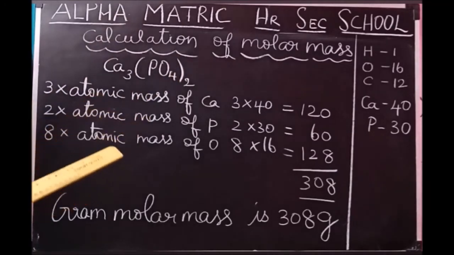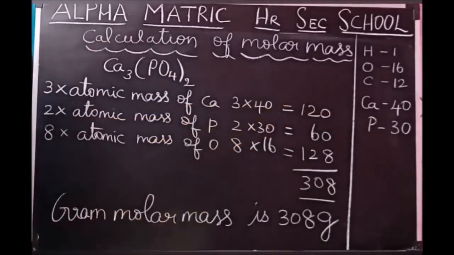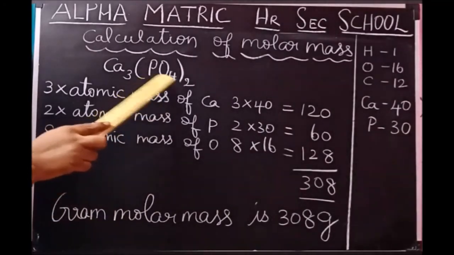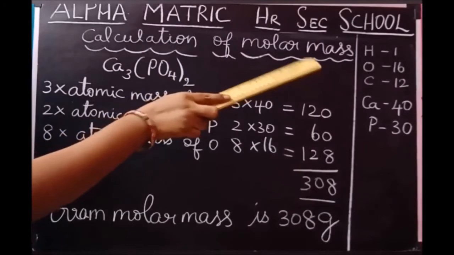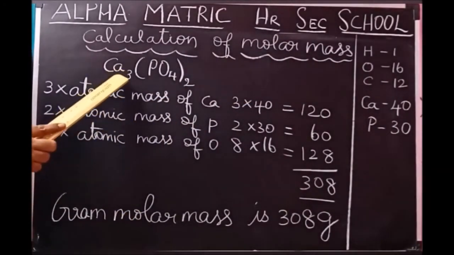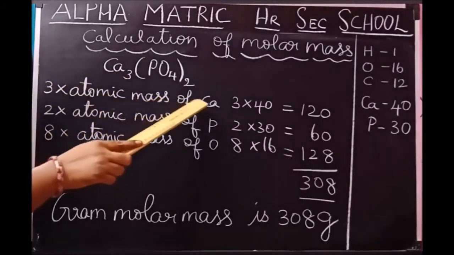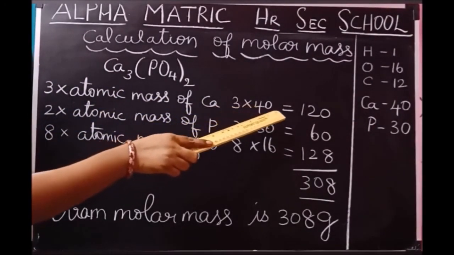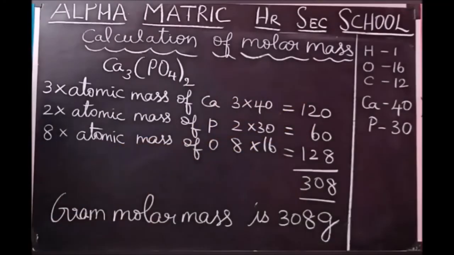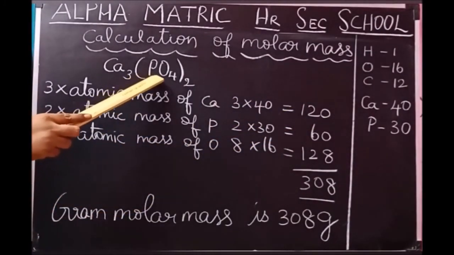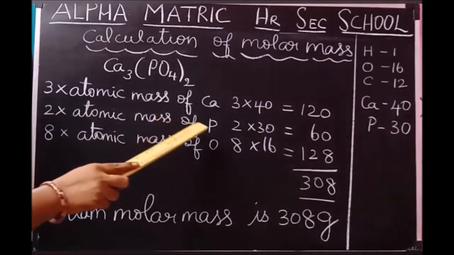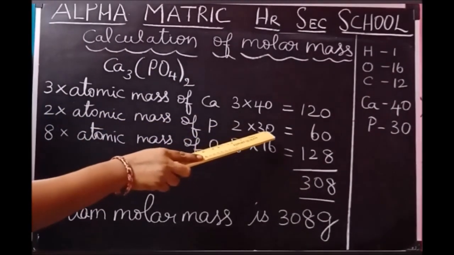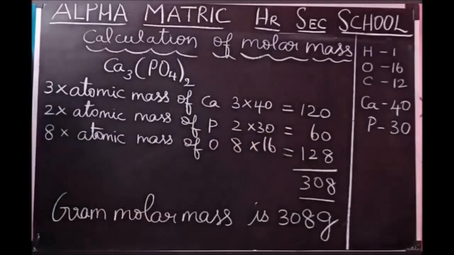Okay. First, the atomic mass of calcium is 40, atomic mass of phosphorus is 30, and atomic mass of oxygen is 16. Here there are 3 calcium atoms. So 3 into the atomic mass of calcium, 3 into 40, equal to 120. And phosphorus, how many phosphorus? 1 into 2, 2 phosphorus. So 2 into the atomic mass of phosphorus, 30. 2 into 30 equal to 60.